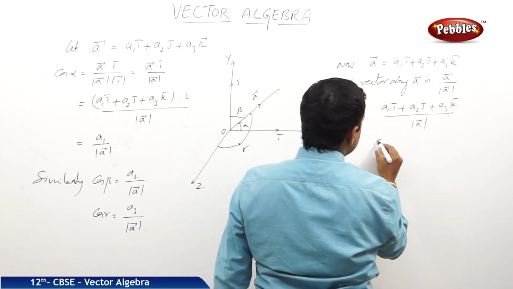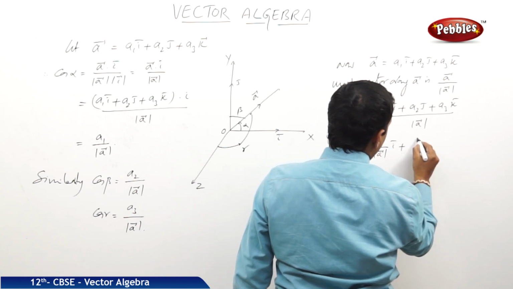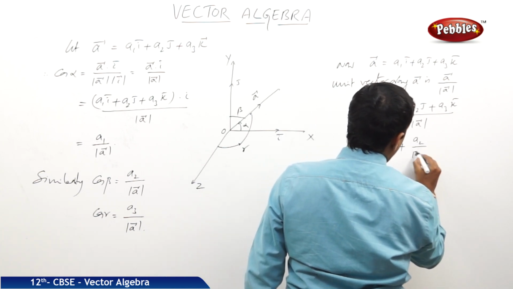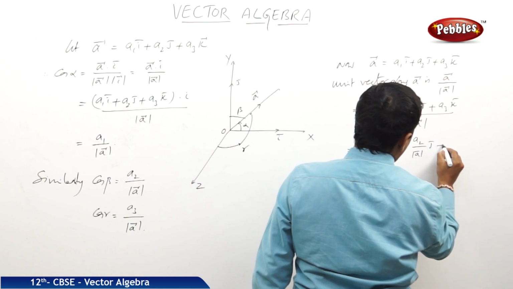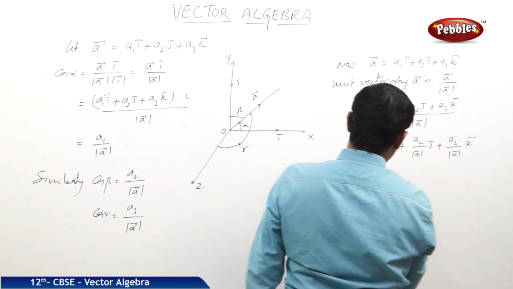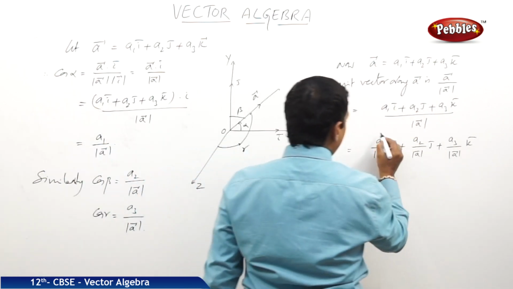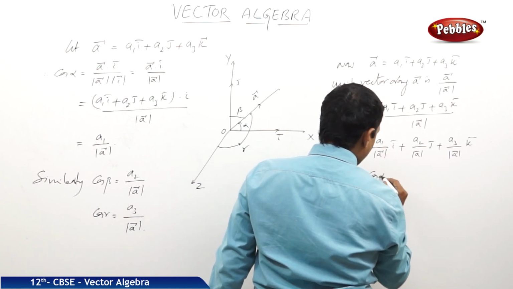Now we can write it as A1 by mod A vector into I vector plus A2 by mod A into J vector plus A3 by mod A into K vector. You know, A1 by mod A is equal to cos alpha, so that we can replace this quantity by cos alpha.